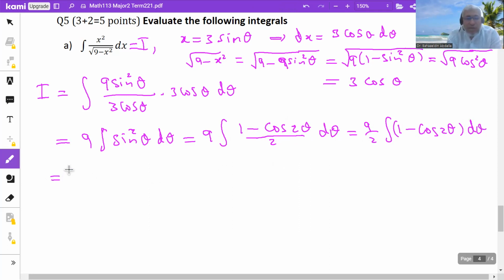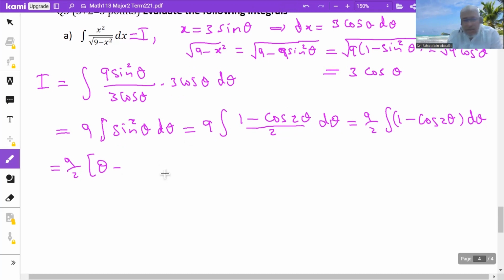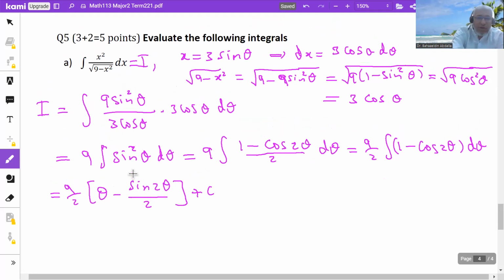The integral is easy. The integral of 1 is theta. The integral of cosine is sine, because the derivative of sine is cosine, but I have 2 theta, so I divide by 2. That's it, plus c.